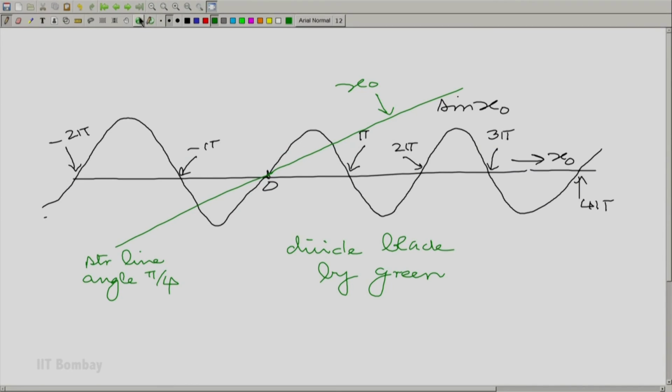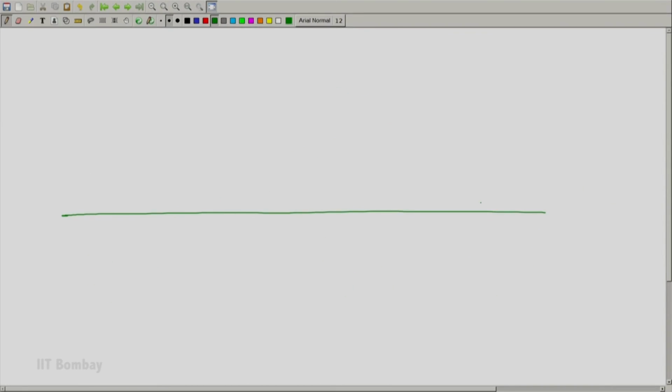Moreover, essentially you are dividing by an increasing quantity. So, what is going to happen essentially is that the oscillations are going to get smaller and smaller as you go along. So, let us complete this session by drawing sin x by x and coming back to it in the next session. So, let us draw sin x by x in total. Sin x by x is going to look like this.